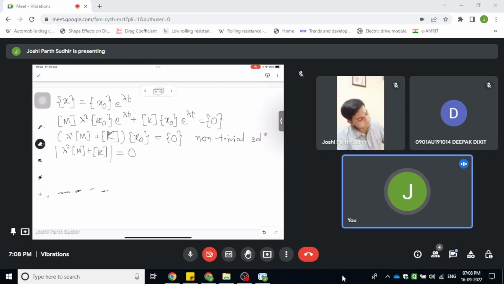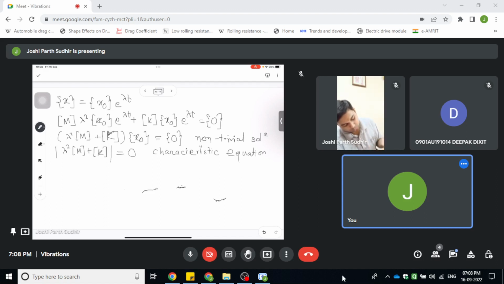So basically this is the characteristic equation, or basically the eigenvalue problem.